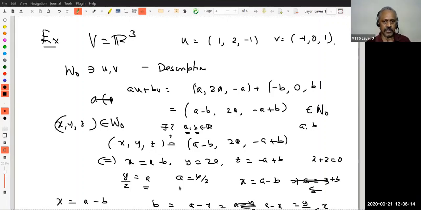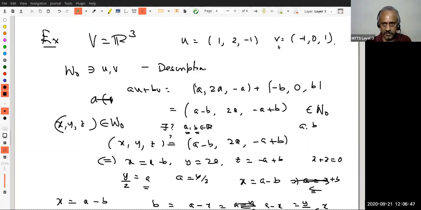I took V equal to R3, took two vectors u and v, and I showed the smallest vector subspace containing u and v is a plane passing through the origin. Have you understood this? And we know any plane passing through the origin is a vector subspace of R3. This also we know. So we have exhibited a lot of vector subspaces of R3, and we have also given a concrete description.